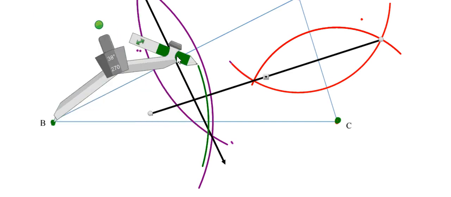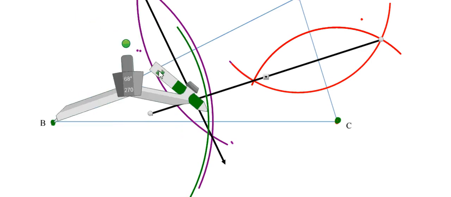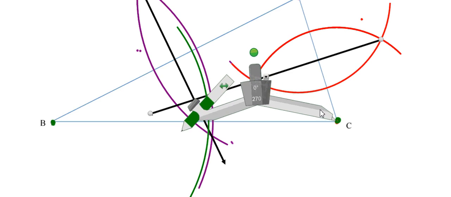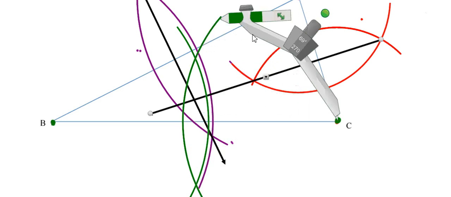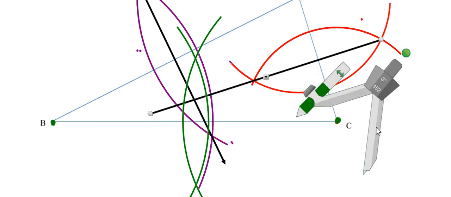I think I'm going to go with a slightly different size than I did with the purple, just to try to keep everybody straight on my paper here. Yours is probably going to end up looking a little sloppy, a little messy, because you've got a lot of arcs running around on your paper. I have the luxury of having 3 different pens that I can use to do my arcs, but you may not have that luxury.